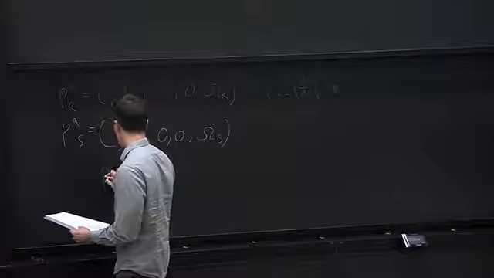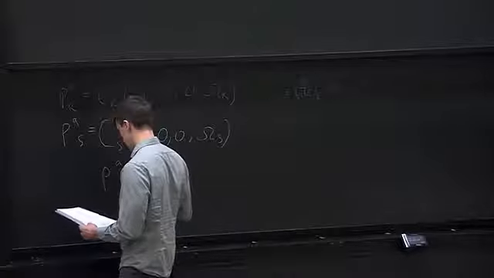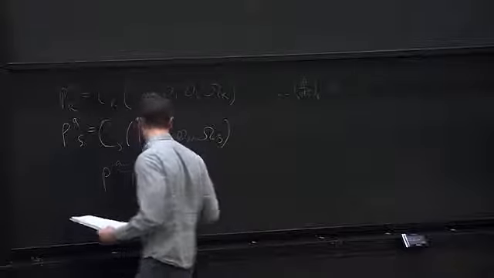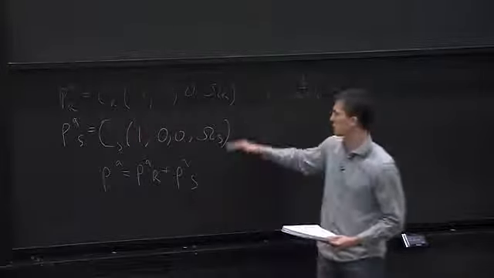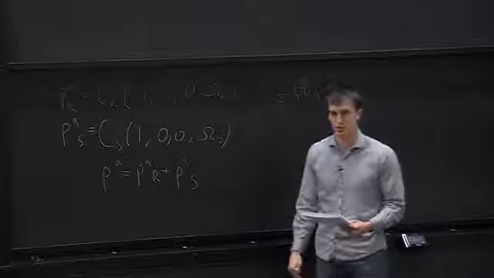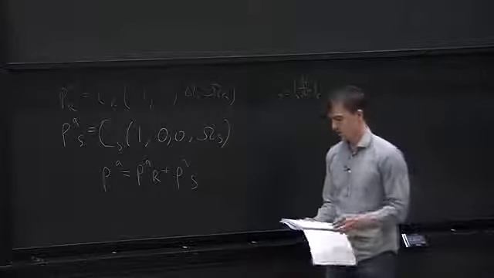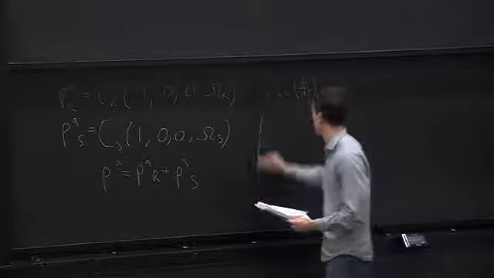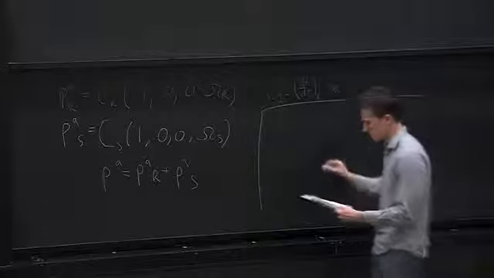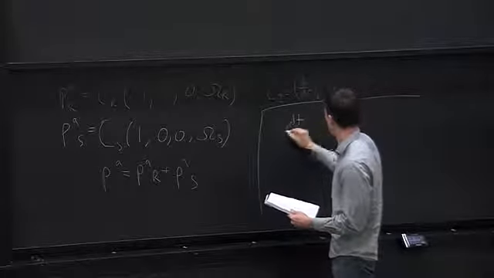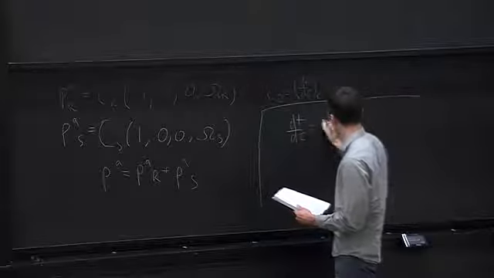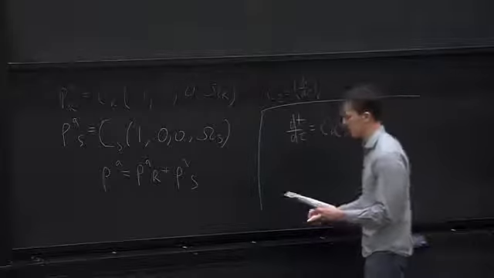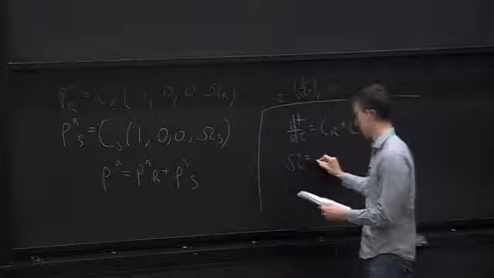So if we just write down conservation, this basically gives us two equations because we have two non-trivial components. And writing down those two equations, from the time component, we get this. And from the phi component, we get this.